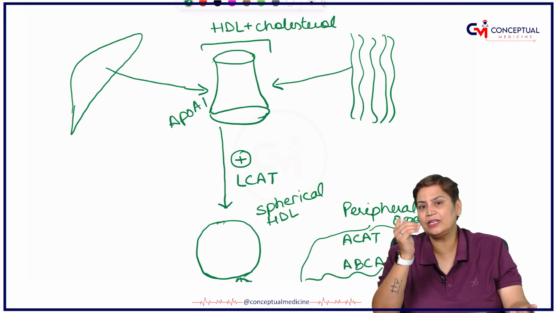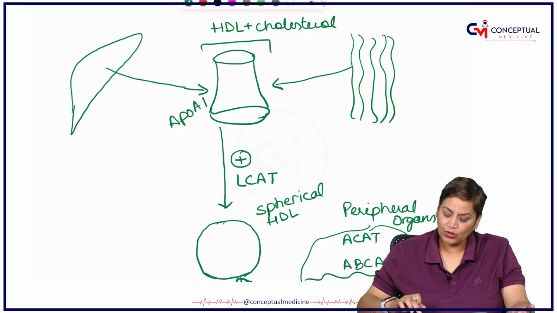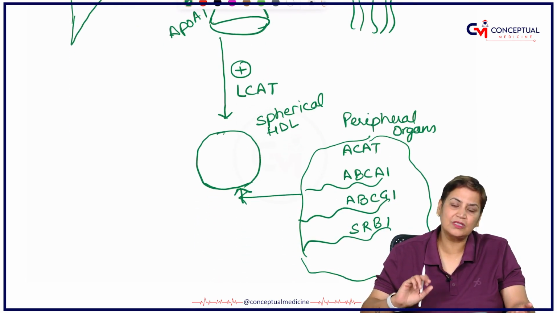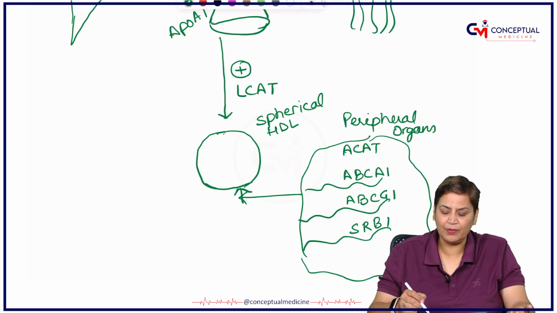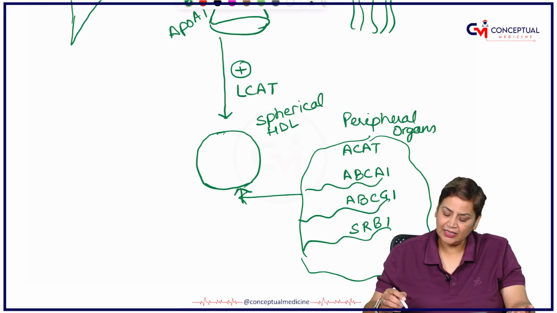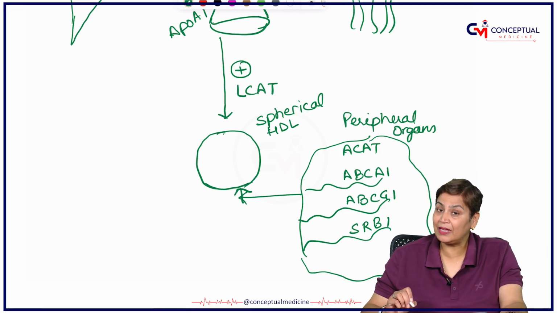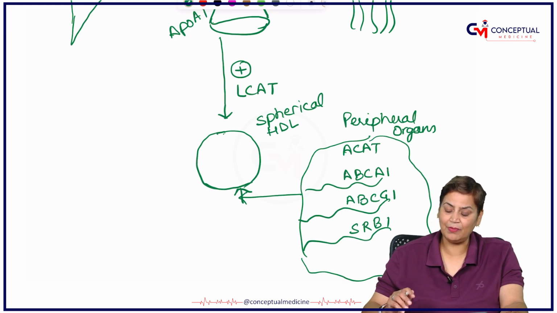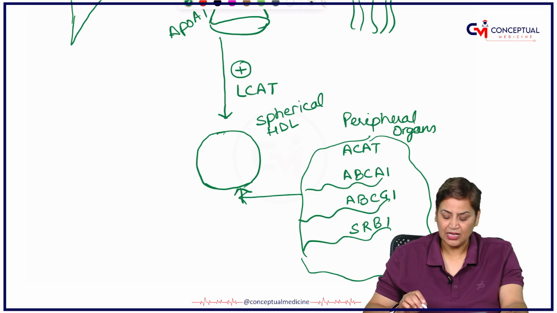That means this cholesterol will be converted into cholesterol ester. The moment cholesterol ester is produced, the shape of HDL changes. From discoidal, it becomes spherical. On the other hand, there are other proteins also which are helping in this. So ABCA1, ABCG1 and SRB1 will help in bringing more and more cholesterol esters.